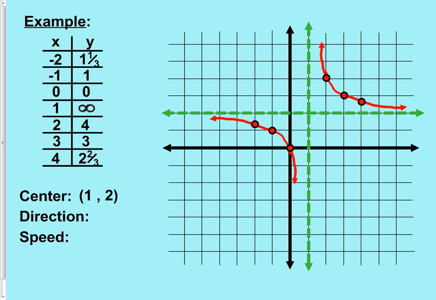So what we really need to do is just ask ourselves, is this hyperbola positioned in the same quadrants as the parent function? Now remember that the parent function's two branches were in quadrant 1 and quadrant 3.